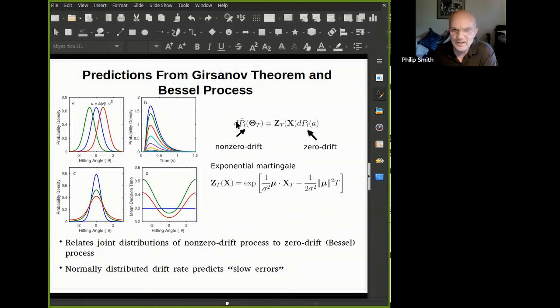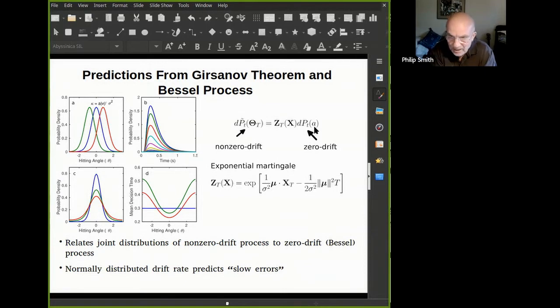And what it says is that you can get the distribution of the process that you're interested in, which is the process with a non-zero drift, by multiplying the distribution for the zero drift process by this function Z_t^x. So the zero drift process is in fact a Bessel process, which is the Euclidean distance process of a zero drift process from the center of the circle.